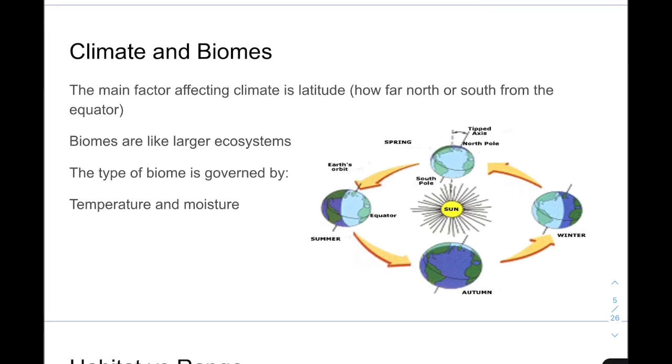Climate is the main factor that affects which biome we're in. Biome is like a really big ecosystem, a big style of ecosystem. Climate is mostly determined by how far away from the equator you are. Inside of that region, we're also concerned with what the temperatures are like, is there enough sunlight, and is there enough liquid water?